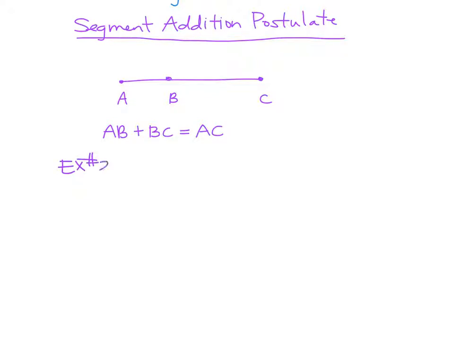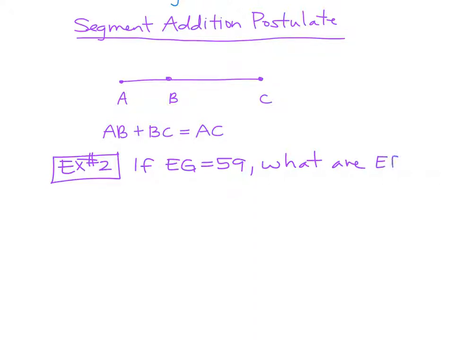So this is example 2. It says: if EG is 59, so the length of EG is 59, what are EF and FG? The beautiful thing about geometry, if you like pictures, is you get lots of pictures.